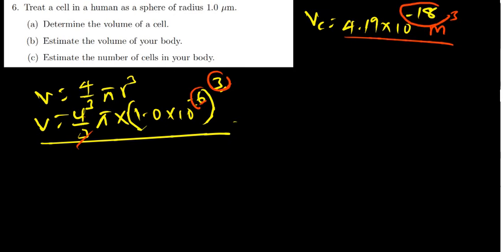Then times open brackets, then 4 divided by 3, close brackets. What are you getting?